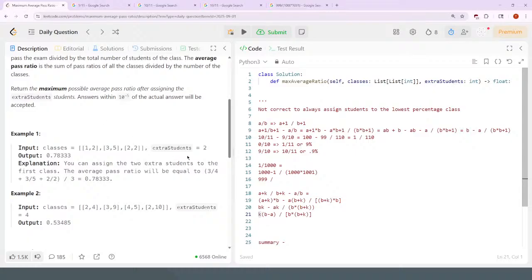So yeah, I think for each class, I consider what the benefit for that class would be.